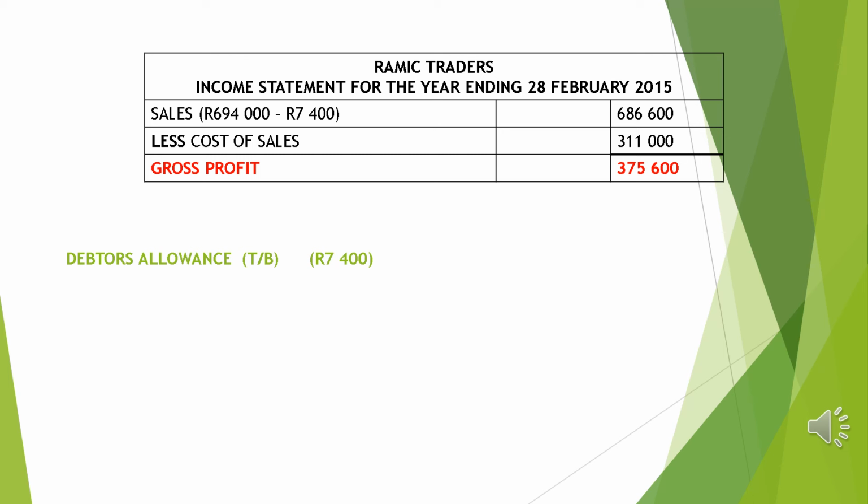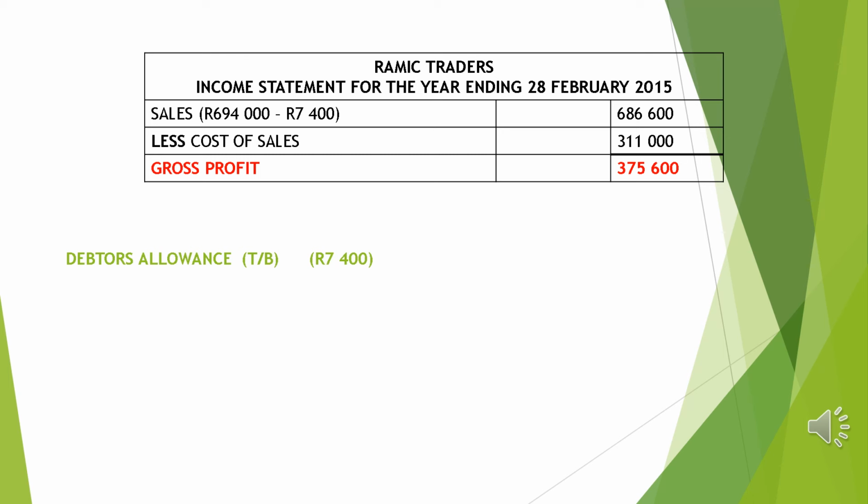But with the accrual basis, we record when a transaction has occurred, even if cash is not received or paid. So here for sales, we are looking at 694,000 rand. That includes your cash sales and your credit sales.